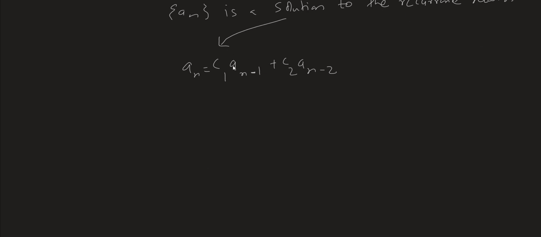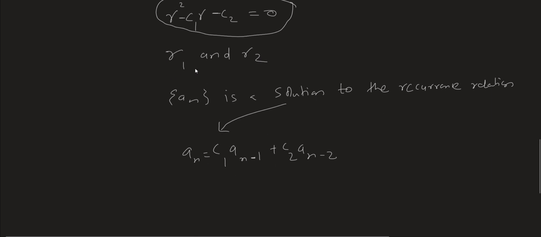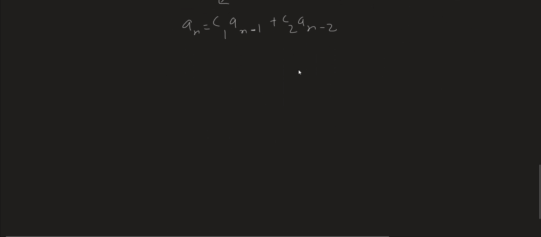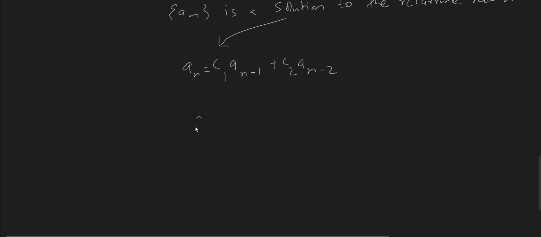Then a_n is a solution to this recurrence relation, given that the characteristic equation is r^2 minus c1 times r minus c2, and the two roots are r1 and r2. This will be a solution if and only if a_n is equal to alpha1 times r1^n plus alpha2 times r2^n, the roots of the characteristic equation.